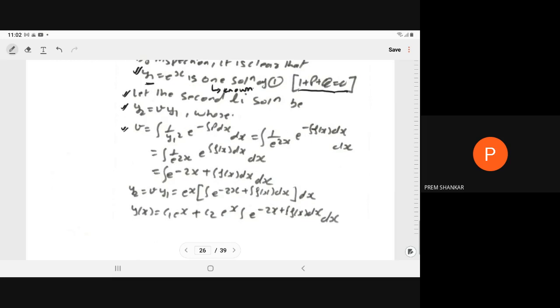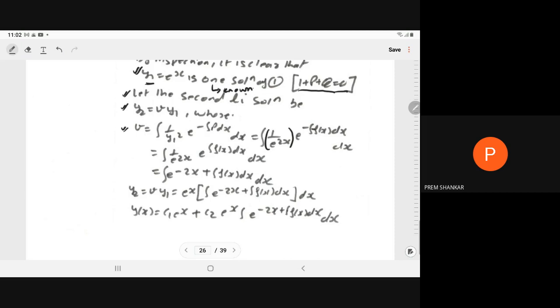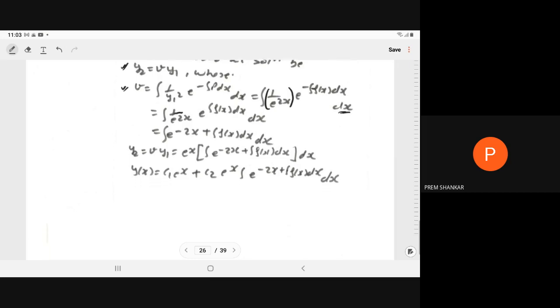So here we put the value of 1 upon y1 square, e to power x square, which becomes e to power 2x, into e to power minus integral of minus fx dx. Then you have to integrate with respect to x. So it will become 1 upon e to power 2x, e to power integral fx dx, into dx. So it will come integral e to power minus 2x plus integral fx dx, with respect to x.